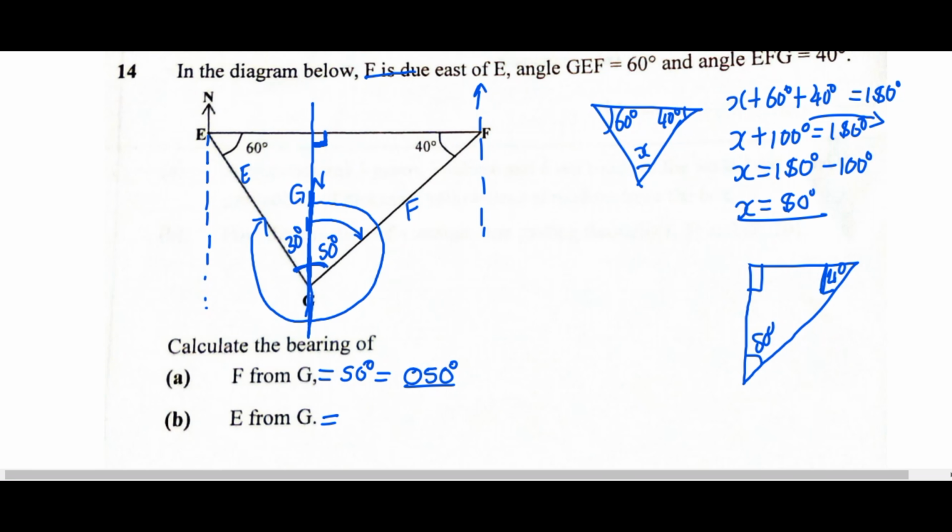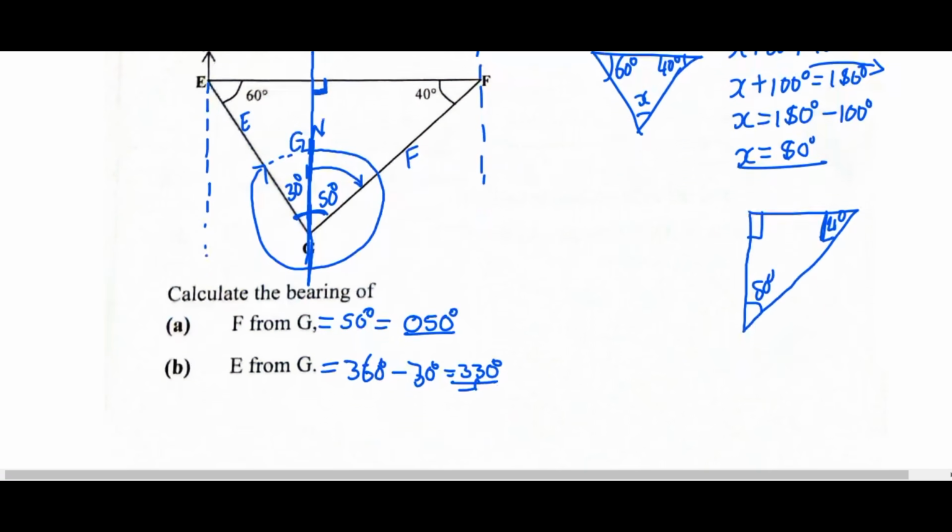So we can see that here we have 30. If we were to complete, it is giving us 360. So 360 minus 30 will give us 330 degrees. So that is our angle. So this is how we can solve this angle.